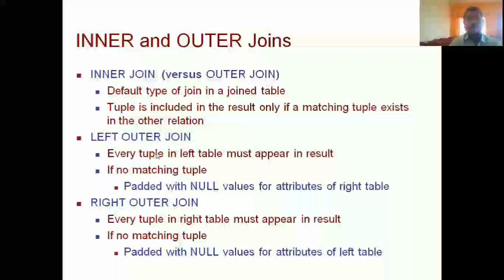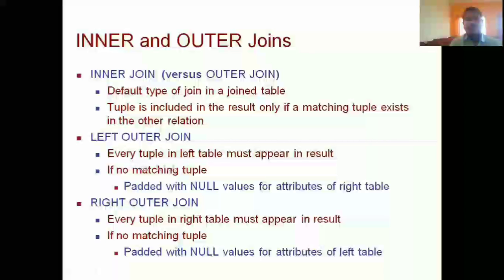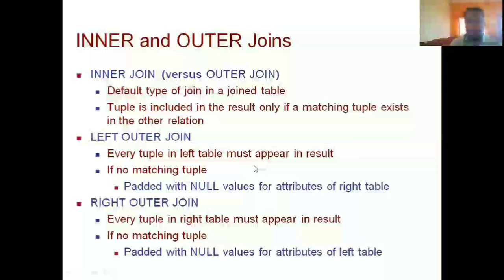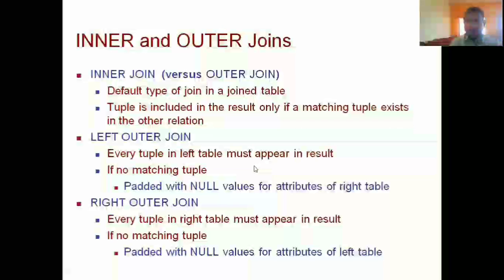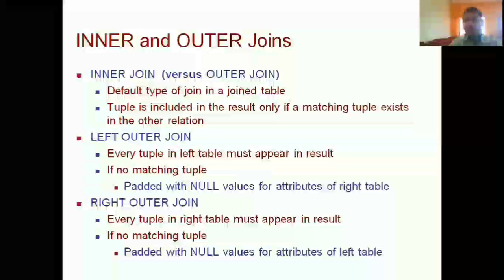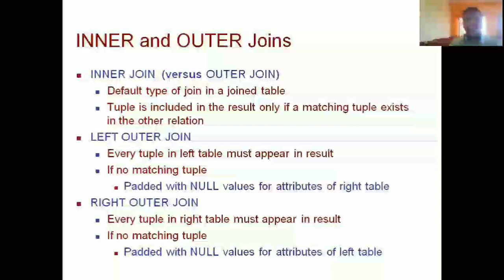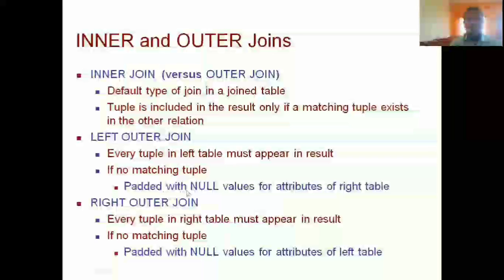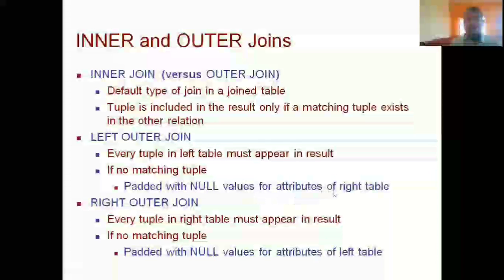Left outer join: every tuple in the left table must appear in the result. When you are creating the tables, relation 1, relation 2, relation 3, or table 1, table 2, table 3, every tuple in the left table must appear in the result. If there are no matching tuples, they are padded with null values for the attributes of the right table.